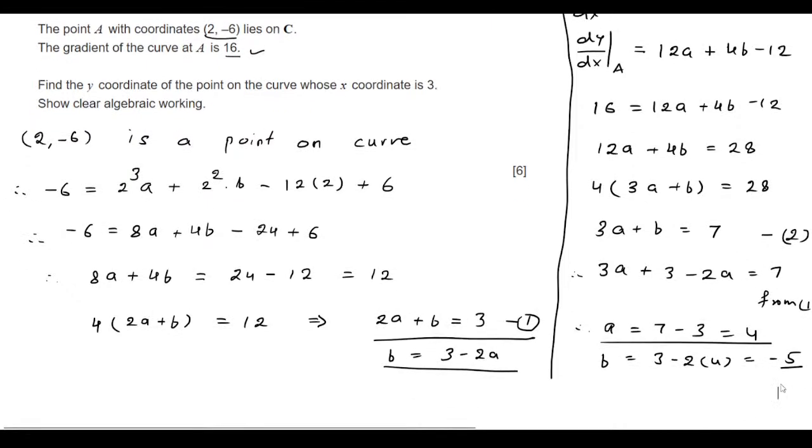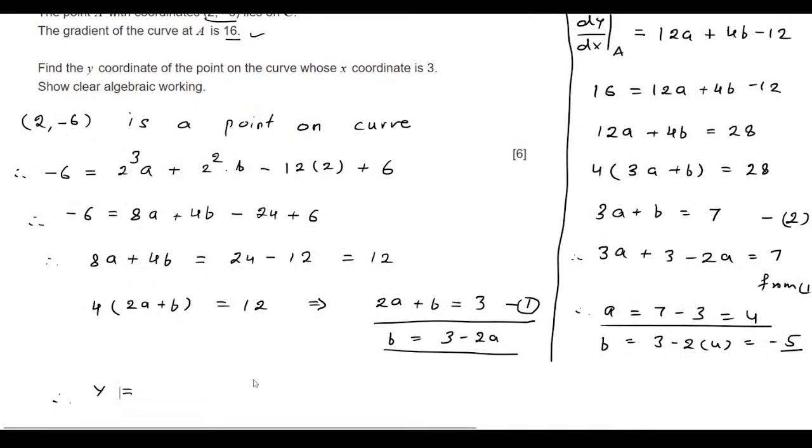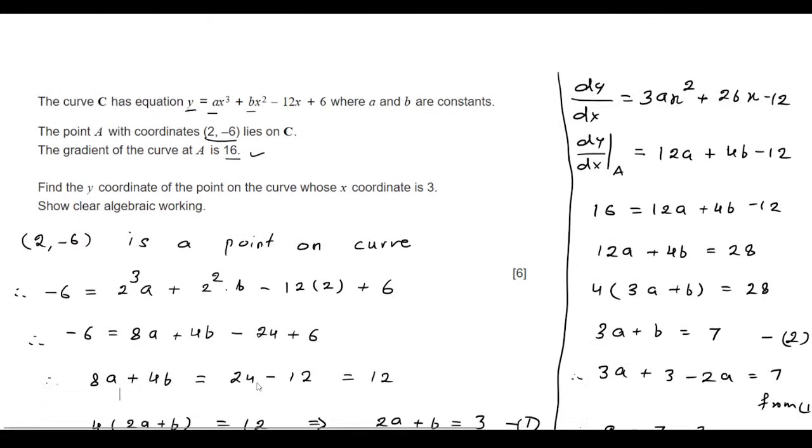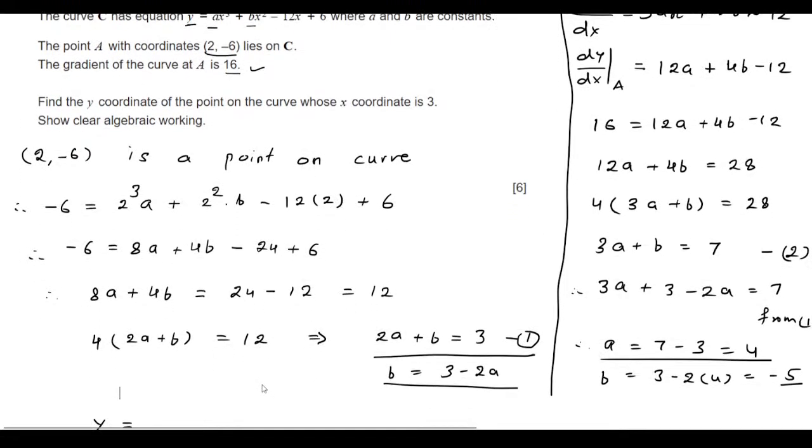Now next what we have to do, we have to find the y coordinate of the point on the curve whose x coordinate is 3. So first I will write the equation of y. It's ax cubed, and the value of a is 4, so y is 4x cubed. The value of b is -5, so minus 5x squared minus 12x plus 6.